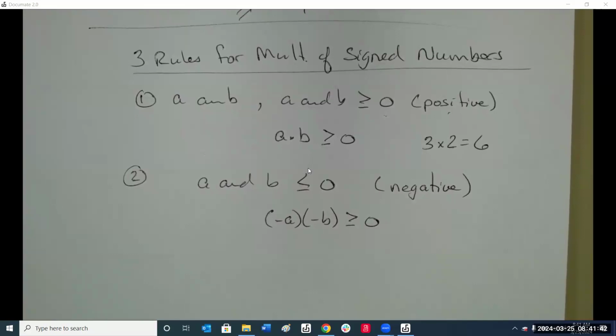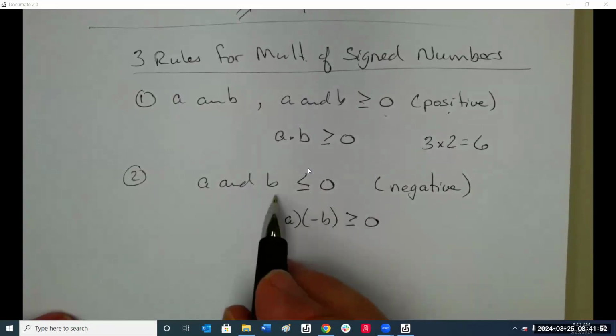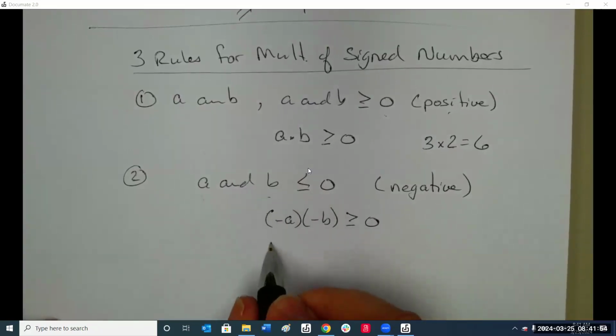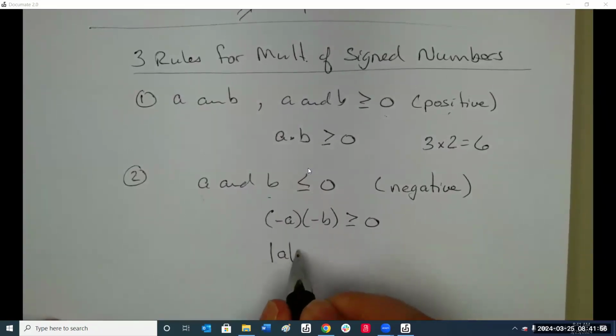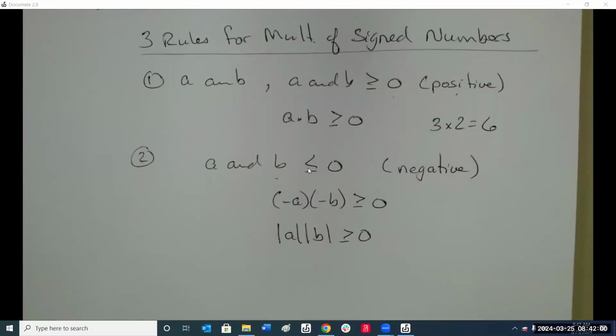The tough part about this is a lot of math books introduce absolute value signs. Because what this really means is, since they're both negative, I take the absolute value of them, and that gets rid of the negative signs.